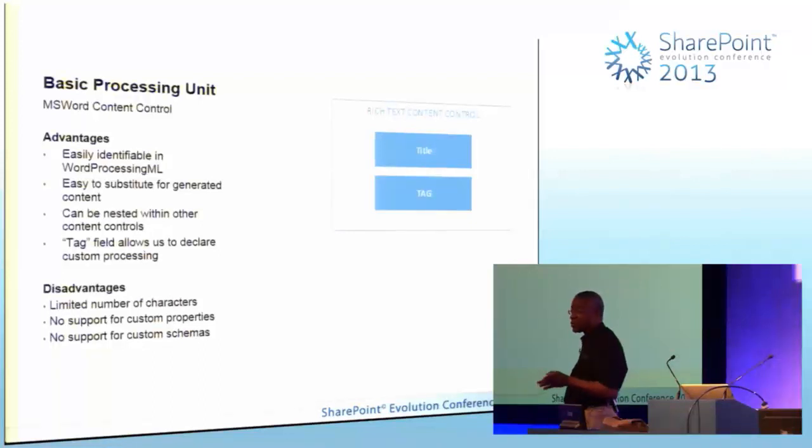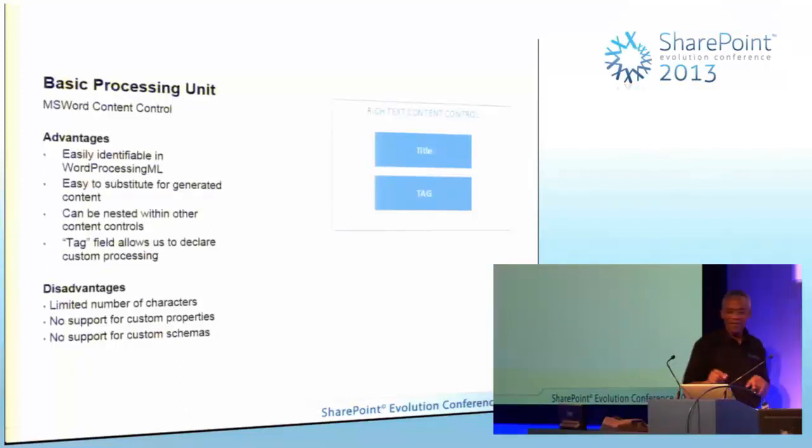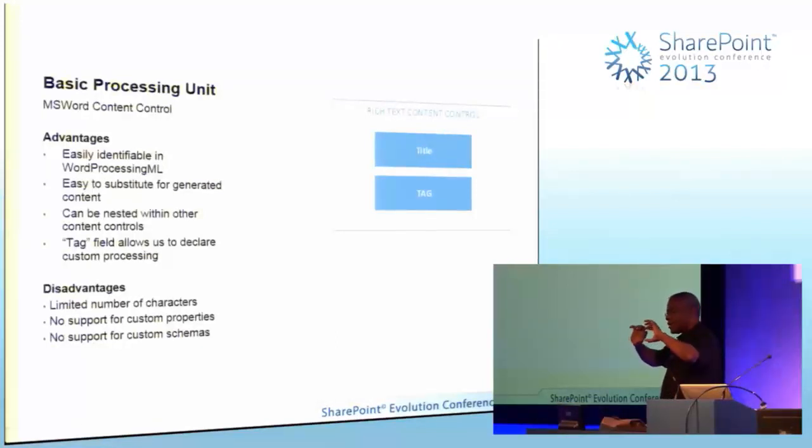So where do you think we would put these things? Because, you know, XPath expressions can be long. Where are we going to put it? In the document, okay? You're going to put it in the document. So you're going to create a content control. Content control sits there, and inside that content control is the actual content.